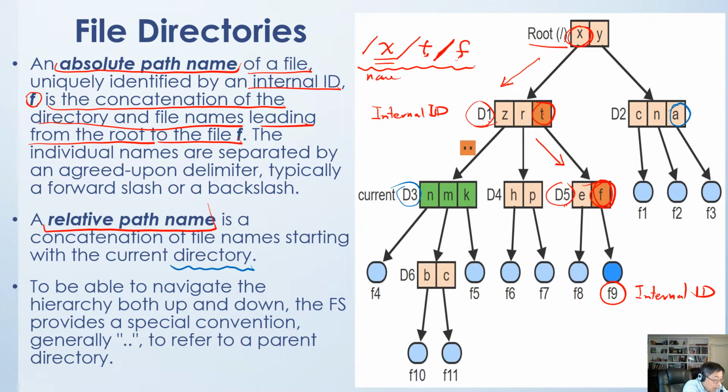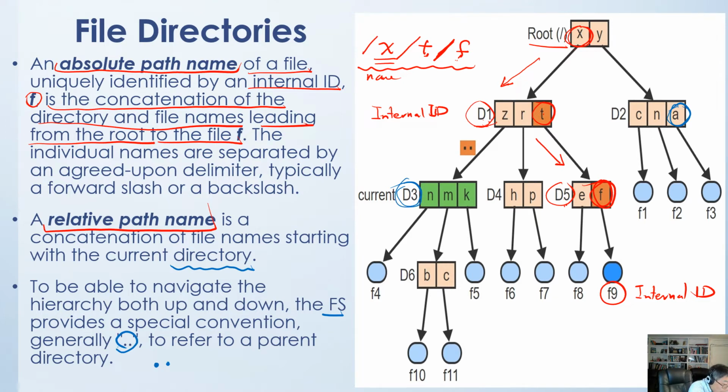Now, in order to navigate the hierarchy both up and down, the file system provides a special convention, generally using the two dots to refer to the parent directory. Because in here, you're going to access the file A from current directory D3.